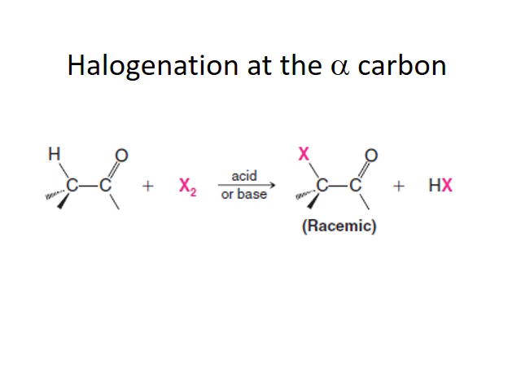Ketone and aldehyde can react with halogen in dilute acid or dilute base to give monosubstituted product as racemic mixture.